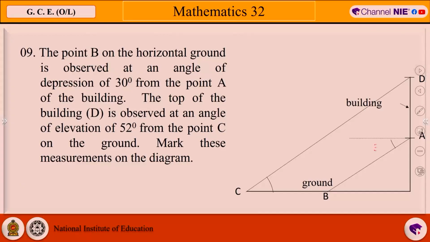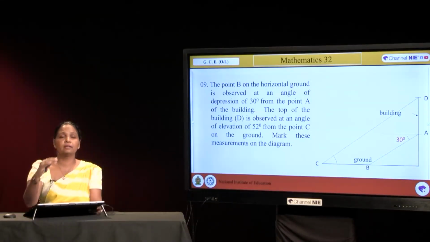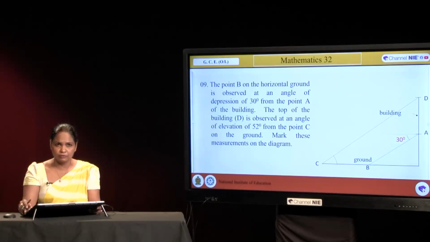So, you have to know very carefully what is the angle of depression. Be careful when you mark the angle of depression. Always you have to mark the angle with the horizontal line, because our eye level is in horizontal line. If you look up, then that is angle of elevation. If you look down, then that is angle of depression.